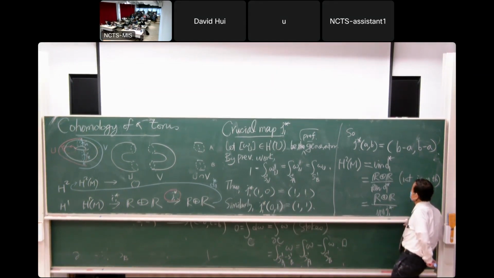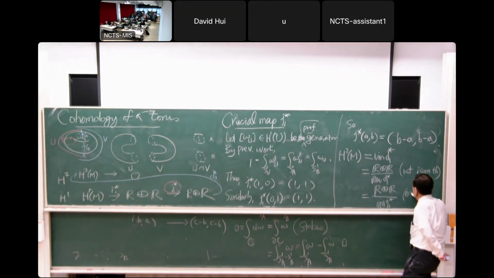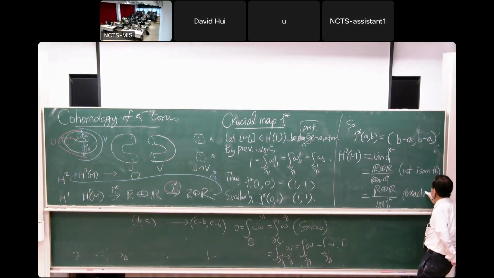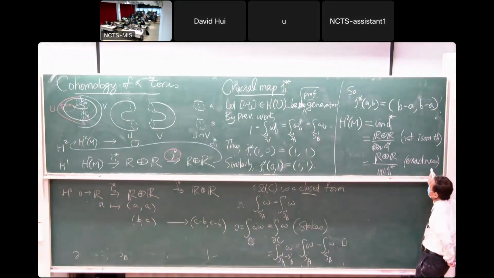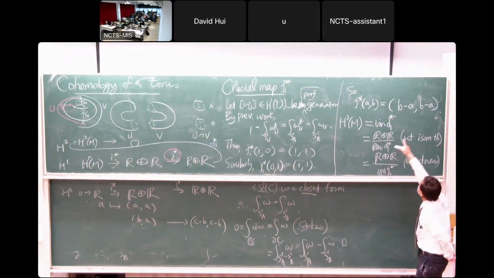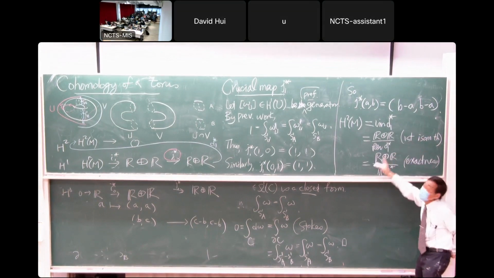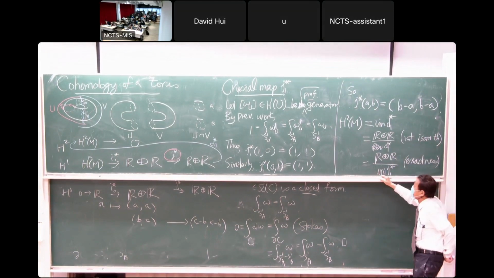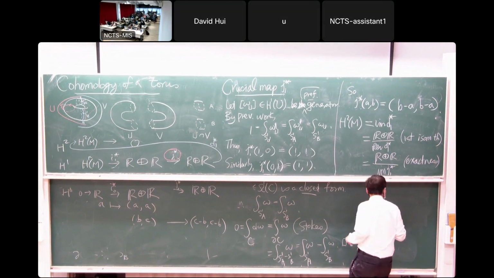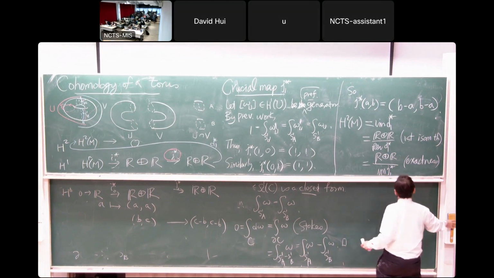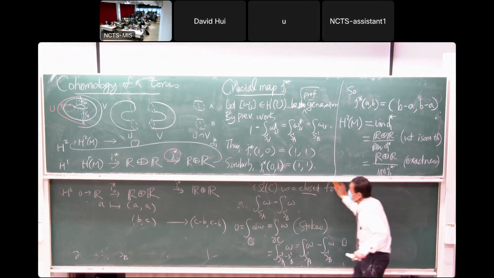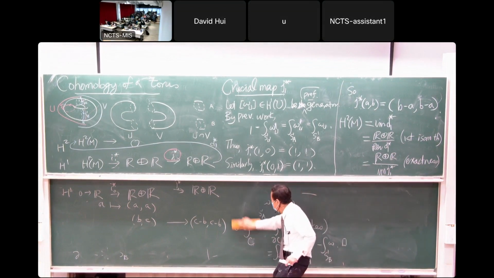That's exactness of the sequence. And J1 star is the map up there that maps to the diagonal. And so we know that the image is the diagonal, so it's one-dimensional.